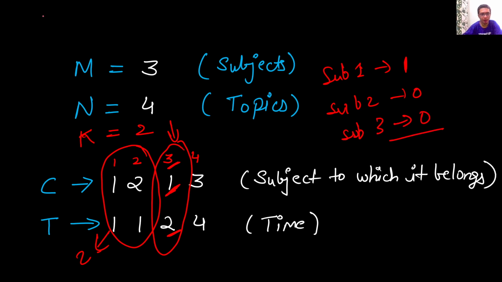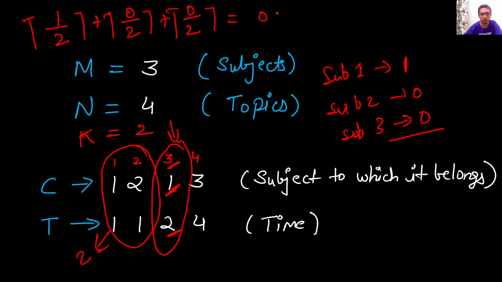In this case, my total marks would be number of topics for subject 1 upon 2 and the upper bound of this plus number of topics for subject 2 upon 2 and the upper bound of this plus number of topics for subject 3 upon 2 and the upper bound of this, right? So this would be 0.5 and the upper bound of this plus 0 plus 0, right?